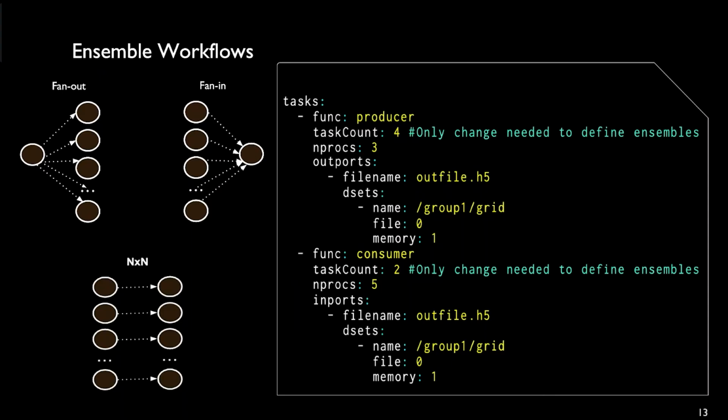And we have a sample of it on the right, where we have a fan-in topology of such a workflow with 4 producers and 2 consumers, and the only change that we have to do is to indicate this task count field, saying that we have 4 producer tasks and 2 consumer tasks, and that is the only extra information needed to define such an ensemble topology.